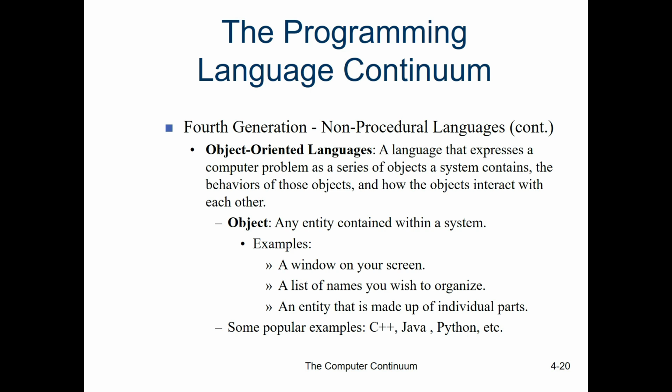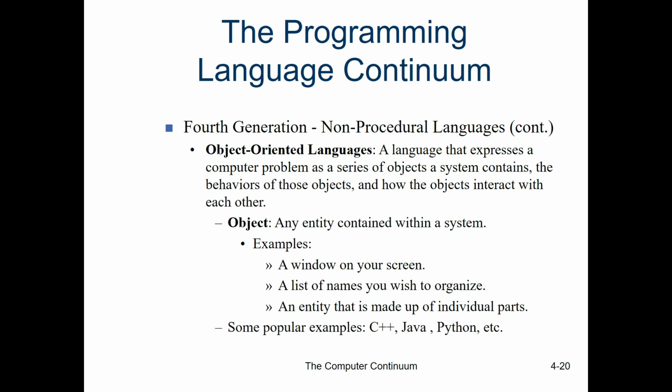An object is the main character here. It is an entity contained within a system. For example, a window on your screen is an object, or a list of names you wish to organize, an entity that's made of individual parts.